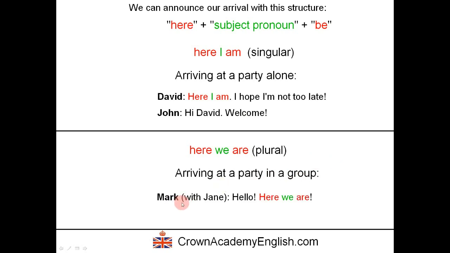So Mark arrives at the party with Jane. And Mark says, "Hello, here we are." And John replies, "Hi Mark, hi Jane, come in." Okay, so "here I am" when you arrive somewhere alone, and "here we are" when you arrive somewhere in a group.